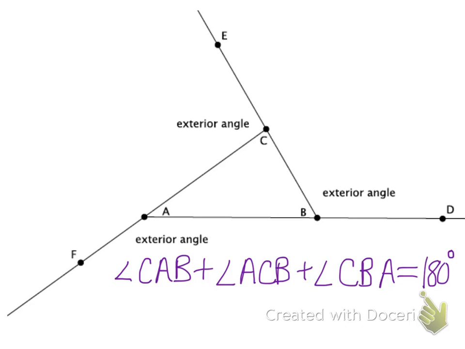The other thing we have here is this straight angle right along this line. We'll call that our straight angle. And that is composed of two different angles here. It's composed of this one and this one.